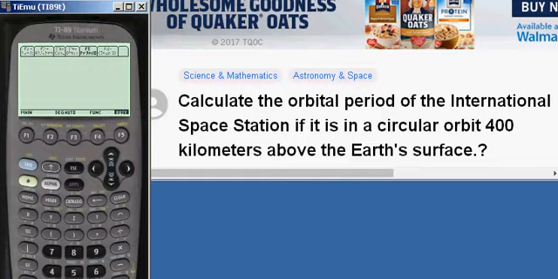Enter the radius. Radius of the Earth is alpha 6.37 times e to the 6 meters. Excuse me.